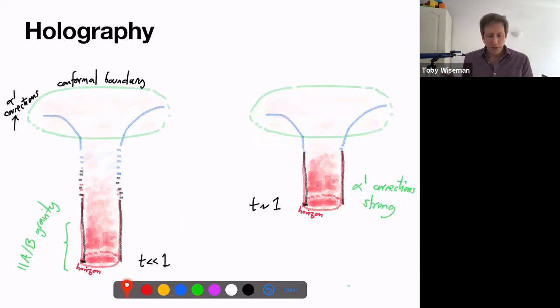And just in pictures, as we vary this dimensionless coupling t, this dimensionless temperature, what we can think of as happening in the dual geometry is when t is small, we have a long throat ending on a horizon, and there's a big region near the horizon where 2A, 2B supergravity is good. But if we try and take t to be order 1 or even large, the horizon, in principle, is still there. It's close enough to the conformal boundary that it's very alpha prime corrected, and you lose control over understanding what it should do.